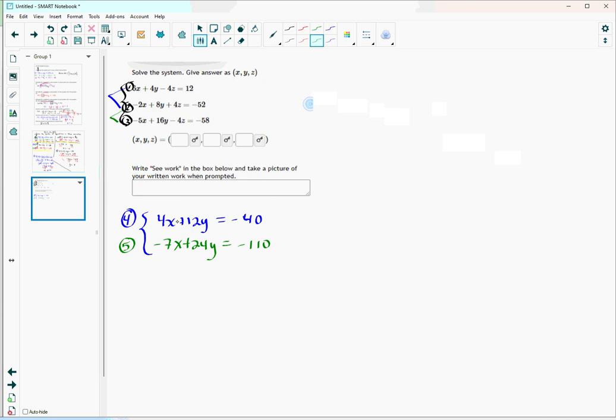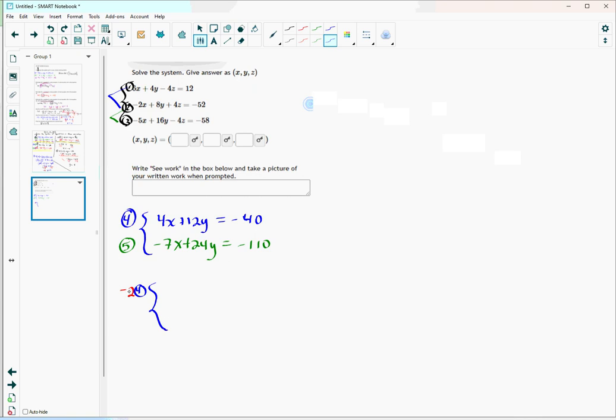So that first equation, 4x plus 12y equals -40, when added to equation 5 would not make the y variables cancel out. But if I first multiply -2 onto equation 4, I will get a new version of equation 4 that is going to help me eliminate the y variable in the next step.